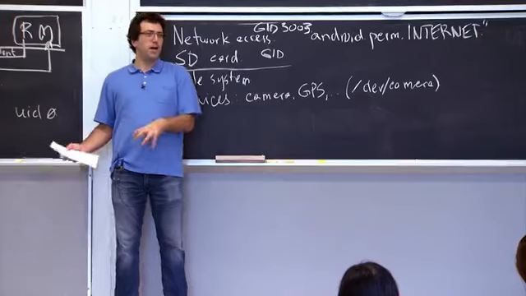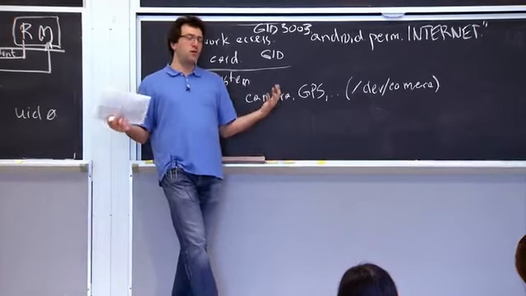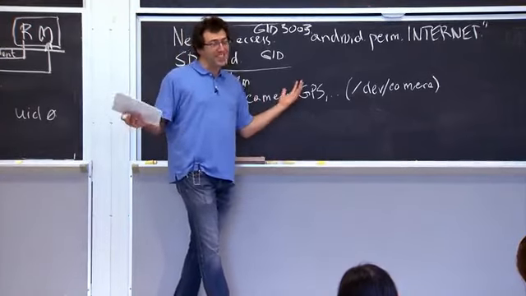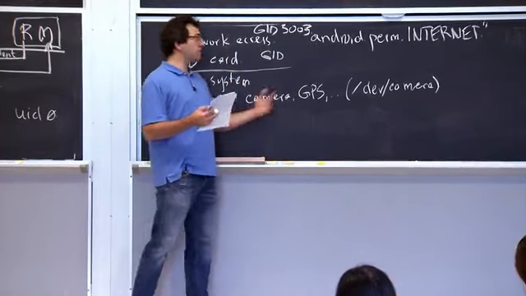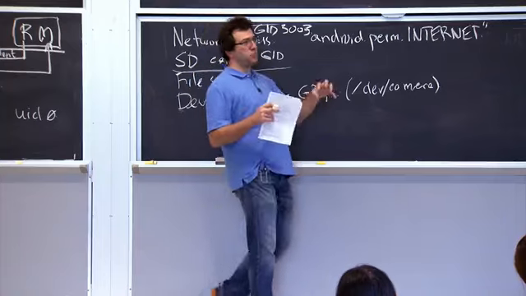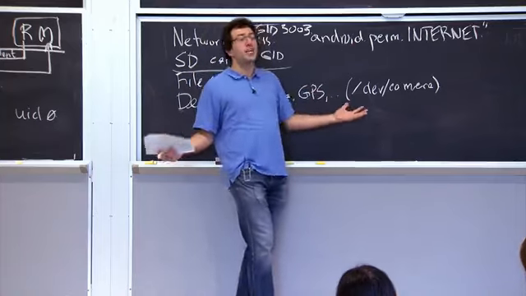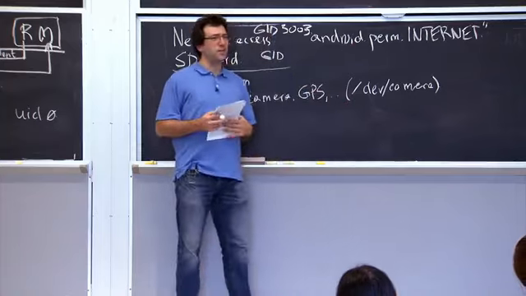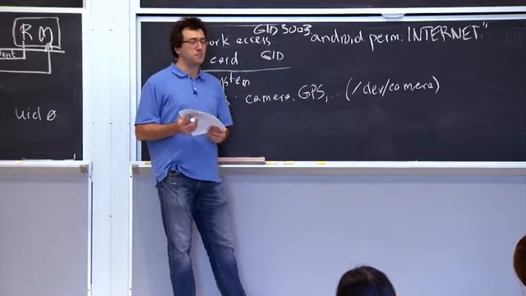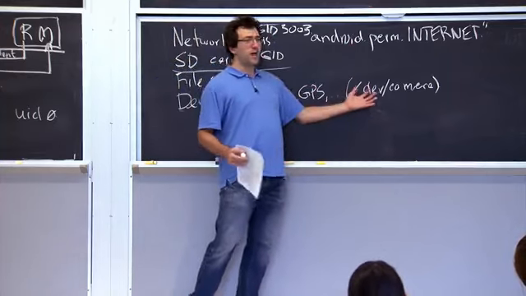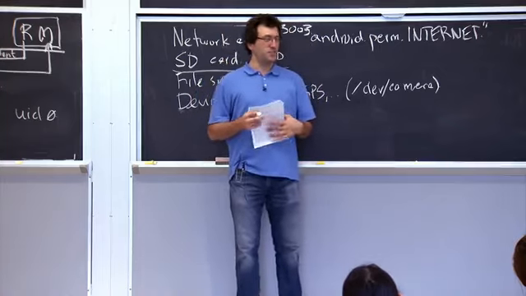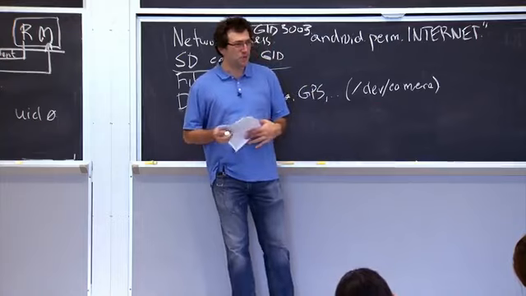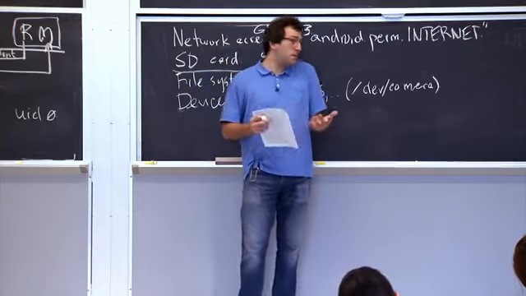So it might be that by taking away permissions, you're going to cause the app to crash if it needs that access. It's not like, well, you have this nice app and it needs access to the camera, but if you turn it off, it'll just put on some dummy picture instead. Maybe it'll just crash instead. So it's not great. You might imagine much more sophisticated systems which, if you take away someone's access to a camera, are going to provide a fake camera that just has a black screen all the time. This is not what Android does, but you could imagine alternate situations where this might happen.